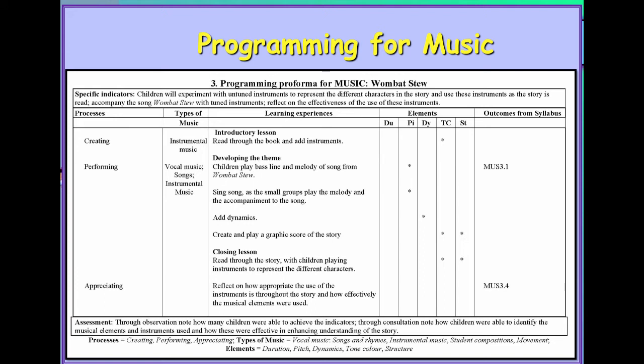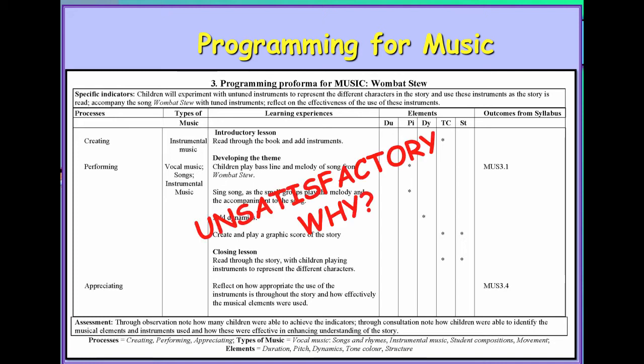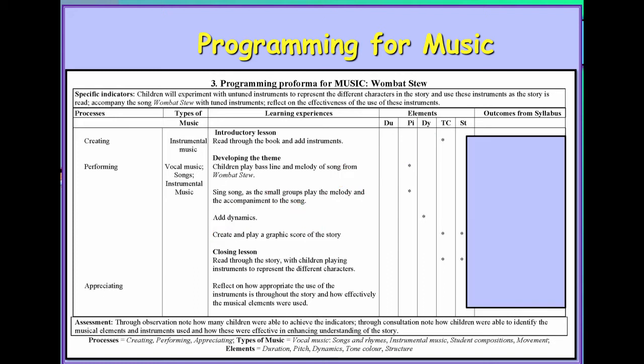Here's a program for Wombat Stew. Look, it's looking rather sparse, and I don't think this would pass. It's very unsatisfactory. Why do you think it's unsatisfactory? There's no scaffolding. The activities are introduced with no explanation or demonstration.